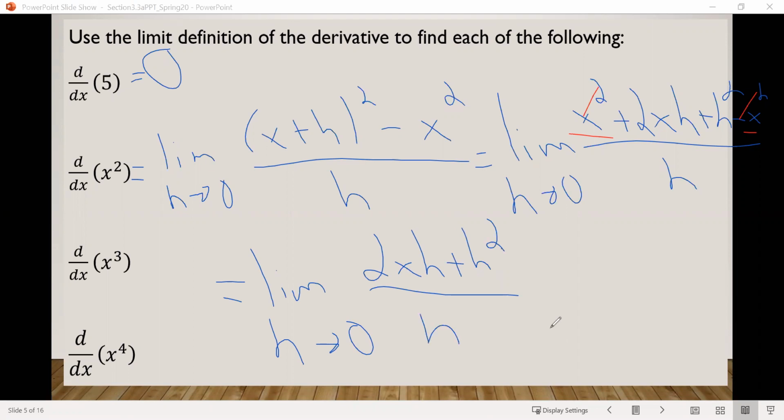So then we'll have the limit as h approaches 0 of 2xh plus h squared all over h. On the top there, we can factor out an h, so we have the limit as h approaches 0 of h times (2x plus h) all over h. Here, the h's will cancel.